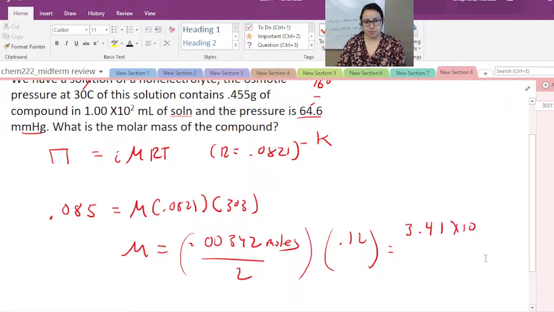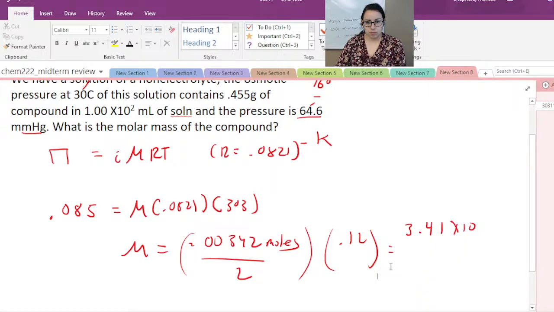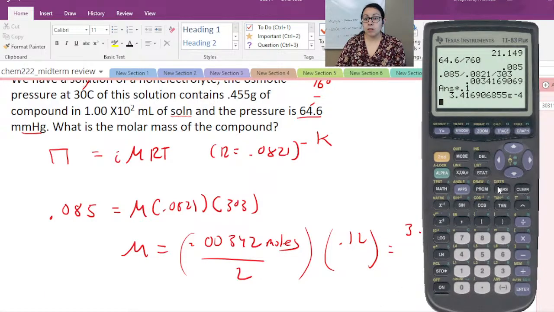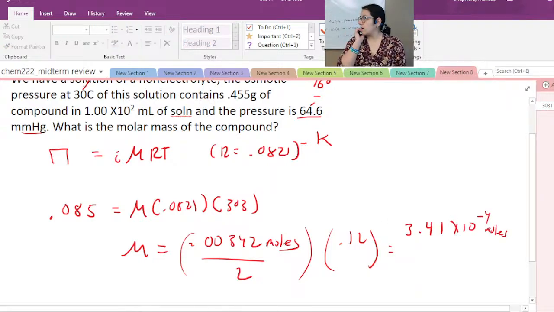So 3.42 times 10 to the negative fourth moles, is that what you got?